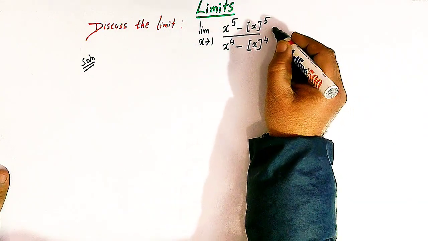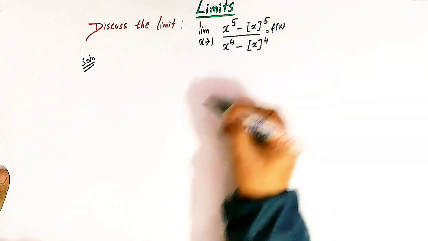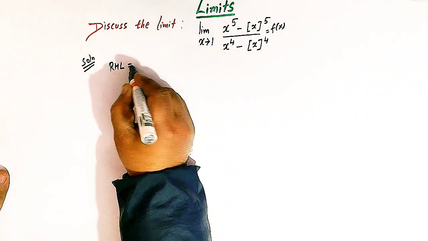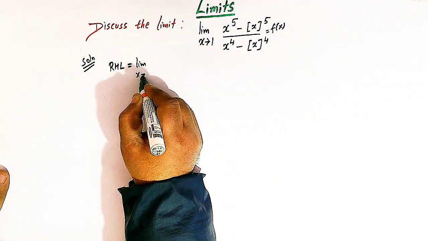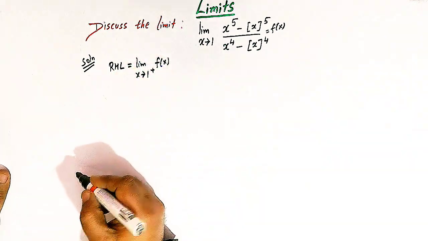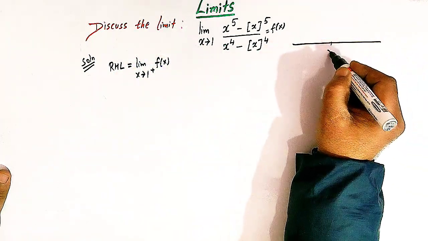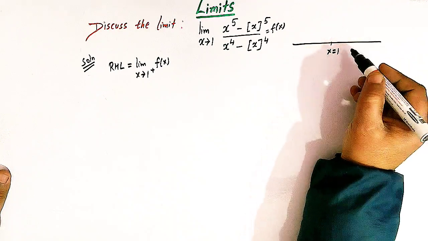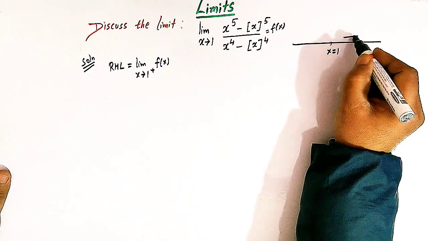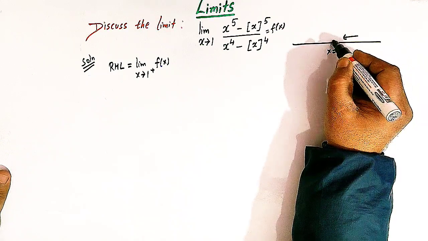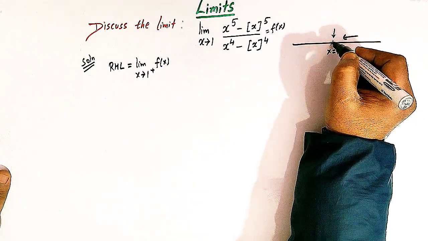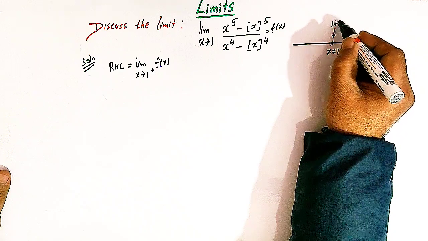So let us take this function as f of x. The notation for the right hand limit is limit x tends to 1, with a positive sign, of f of x. Here we have x equal to 1, and when we approach from the right of x equal to 1, we reach a point very close to 1, and this neighborhood may be taken as 1 plus h.